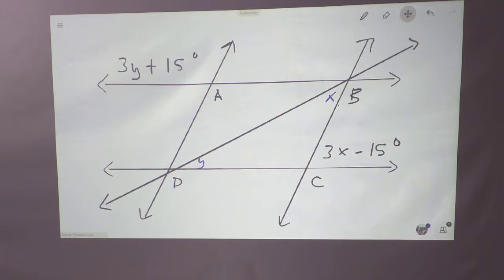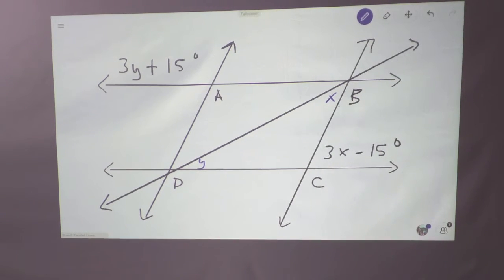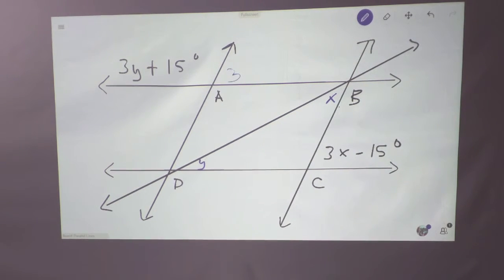So we can see that 3x minus 15 degrees is adjacent with 3y plus 15 degrees. So we can write 3x plus 15 degrees here.